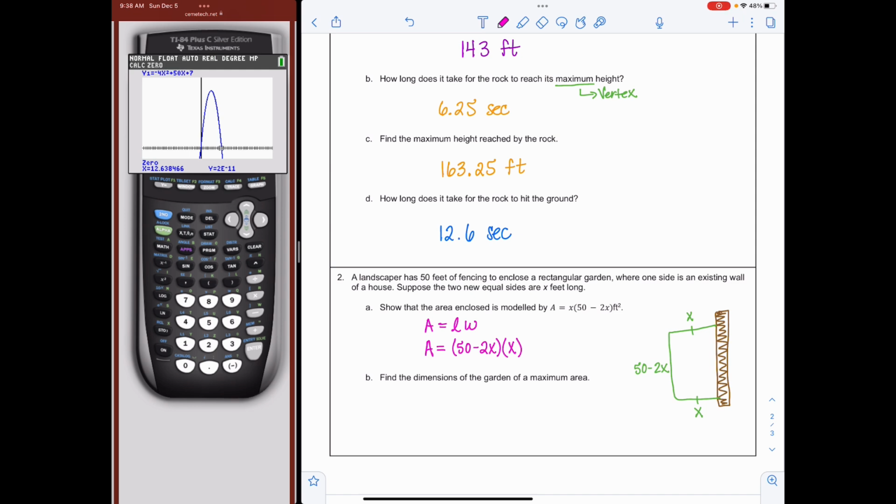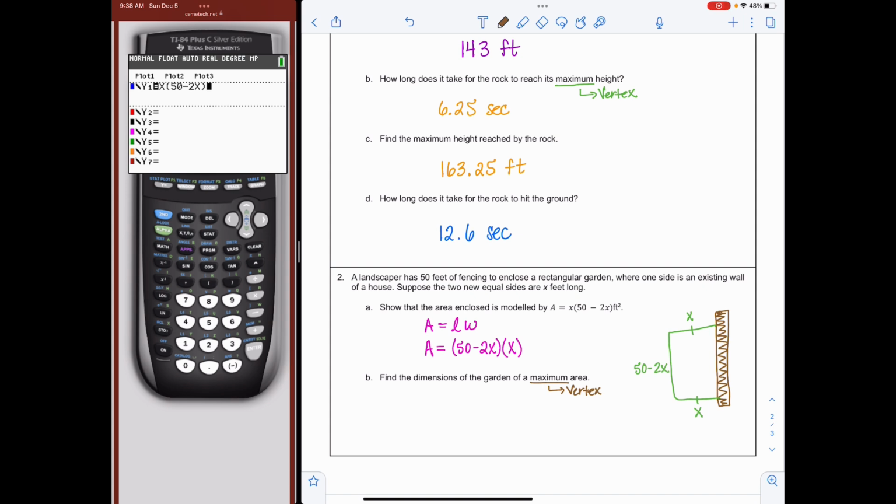Next it says find the dimensions of the garden of maximum area. Remember, when you see the word maximum or minimum, that literally tells you to look at the vertex. So I'm going to go to y equals and type in 50 minus 2x times x, or if you type it as x times 50 minus 2x, it will still give you the same thing.